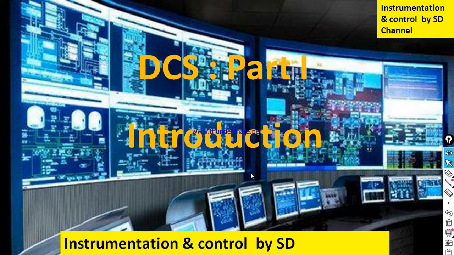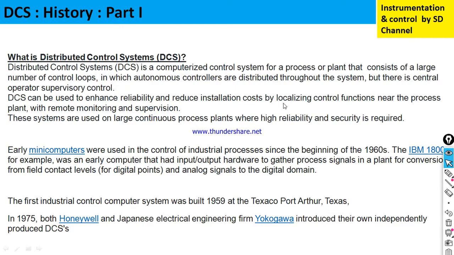So let's start. If you look into the history of the DCS, before the DCS was invented, there was a microcomputer or minicomputer or microcontroller that was used to control the process control system.